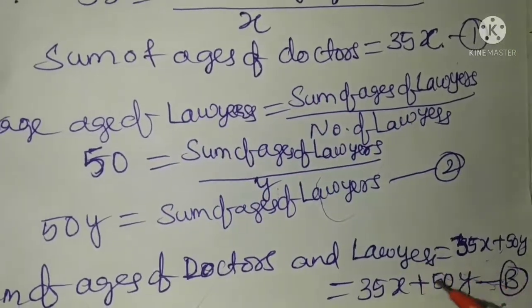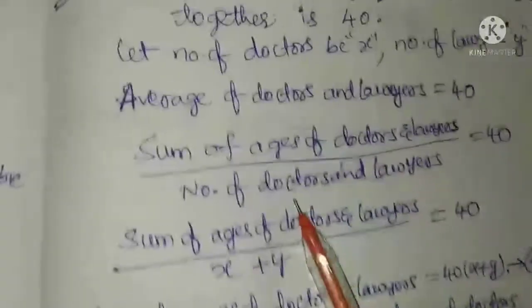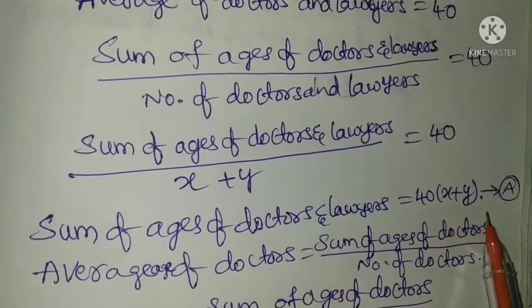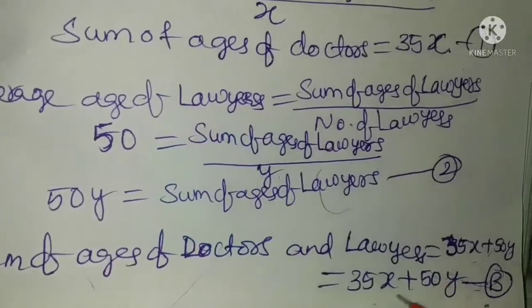From A and B, the sum of ages of doctors and lawyers we got from equation A is 40 into (x plus y), and from B it is 35x plus 50y.